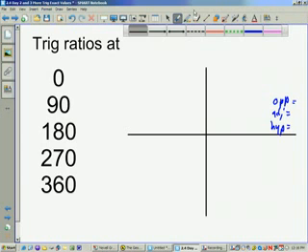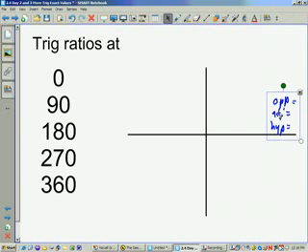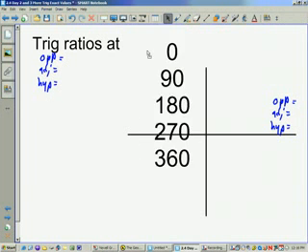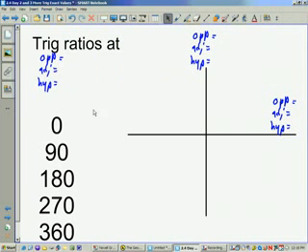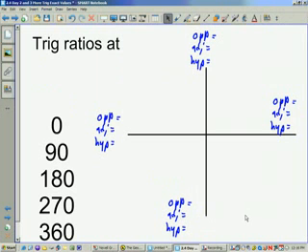I'm going to see if I can just copy and paste that. That would be a little bit easier for me. Do that on each axis. All right.